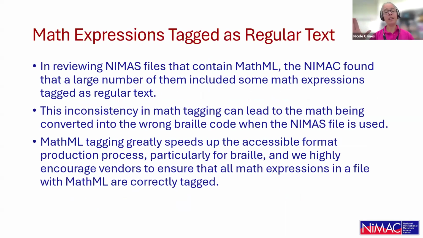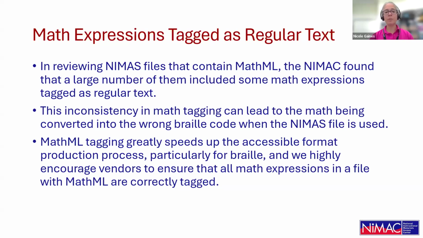And so the last thing that I do want to mention about MathML and math expressions that are tagged as regular text. This is an issue that we have seen very commonly, and our best guess is that this has to do with MathML conversion processes being based on what is supplied in the source material as an image versus what is supplied as regular text.